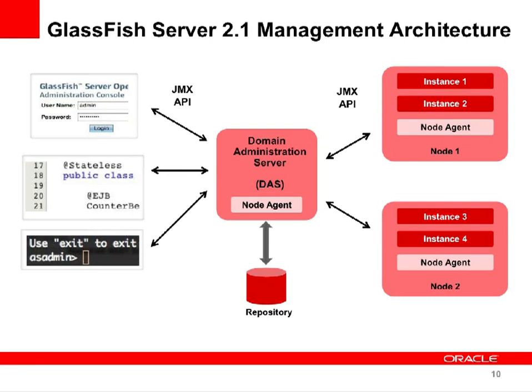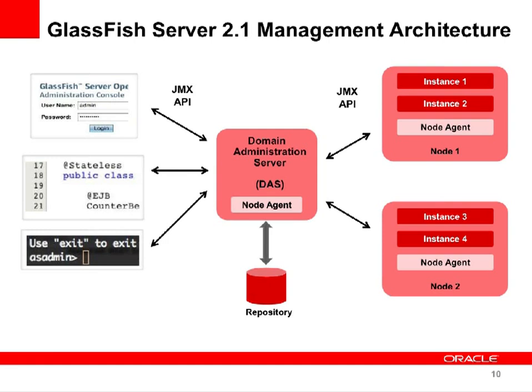Now, on the right-hand side, what you see are various nodes which would exist on machines out on your network. Those machines host a node agent and one or more instances. When you want to create a cluster, GlassFish will work with a node agent in GlassFish 2.1 to instantiate instances.